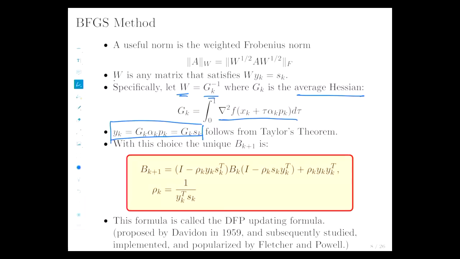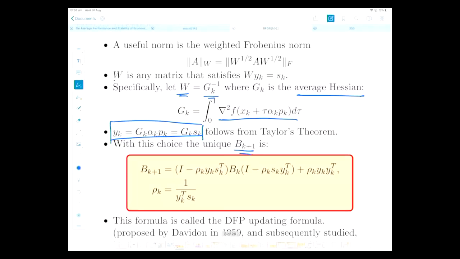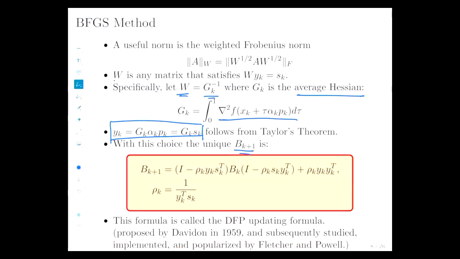And with this choice of a weighted norm, we end up getting this closed form solution for Bk+1 given the previous step Bk and all the other problem data sk and yk. Now what I suggest is that you go, and I think that might be even in the first... No, is it the homework for the second one?